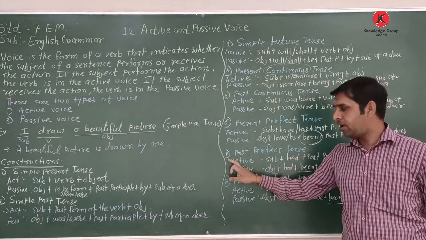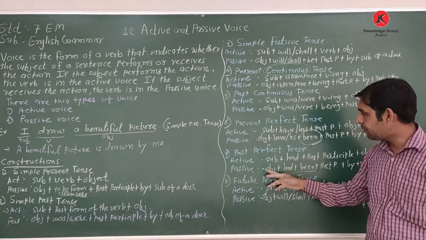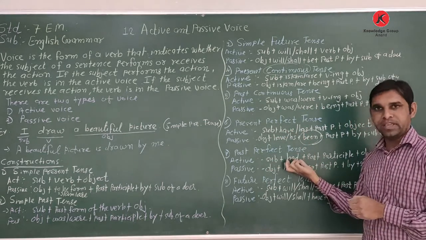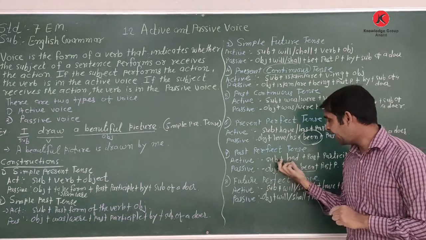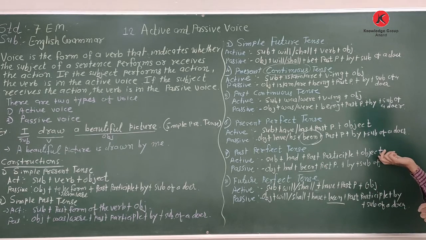Okay, now comes to number seven, past perfect tense. It is the same as present perfect tense; only what changes? Here we have have/has, and there we have had. In the active: subject plus had plus past participle, then object.